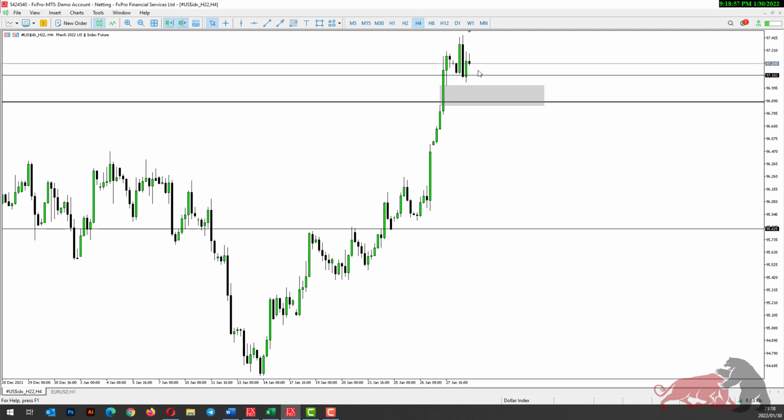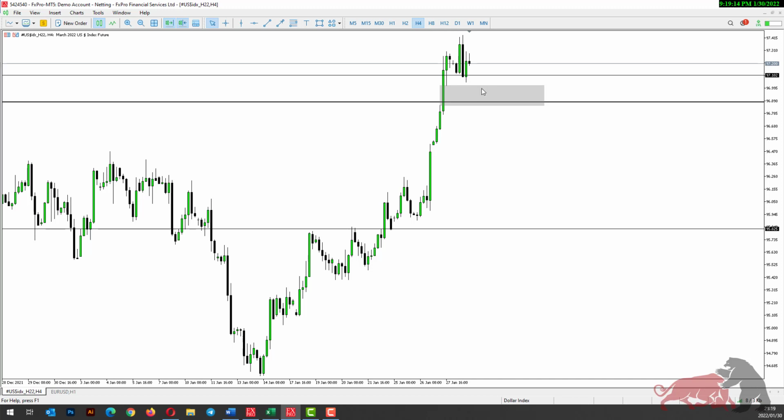2.28, where you get that FOMC member guy speaking, then dollar might find a bit of support and start rallying for the week again. You see, that's how you have to link the two together, the chart and the fundamental.